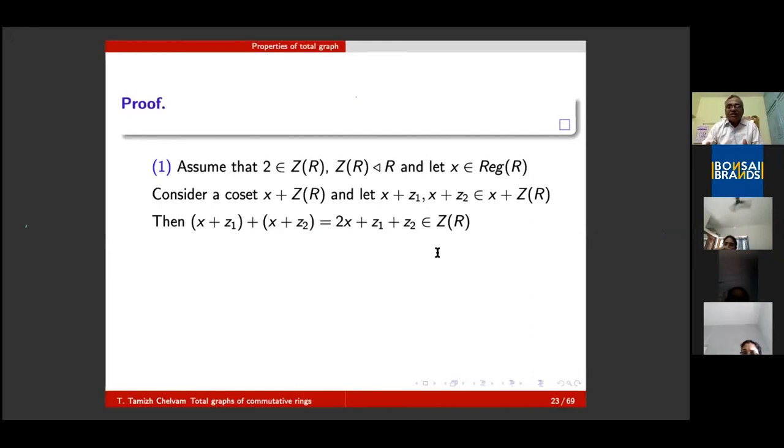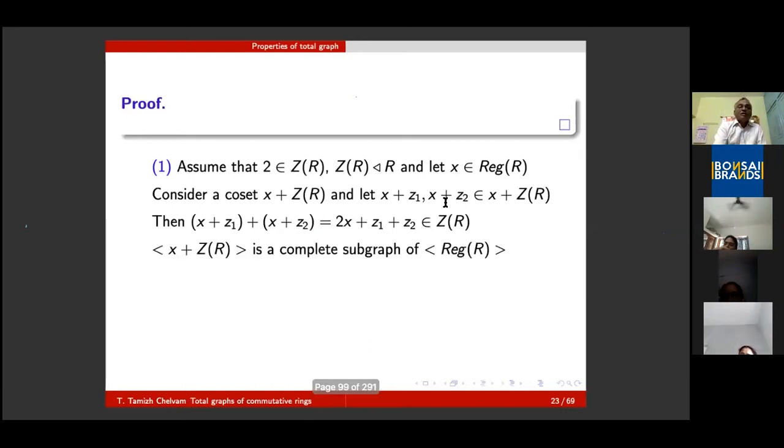So you take a coset x plus Z of R, consider two arbitrary elements x plus z1 and x plus z2. Their sum is here. When the sum of two elements is in Z of R, they are adjacent in the total graph. Therefore, the subgraph induced by any arbitrary additive coset is a complete subgraph of the subgraph induced by regular elements.